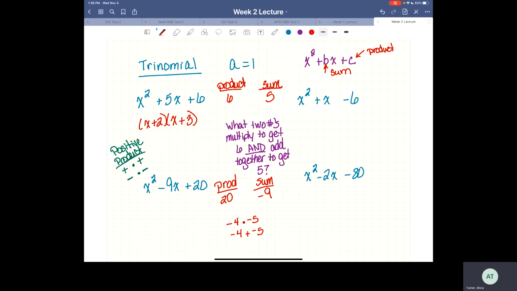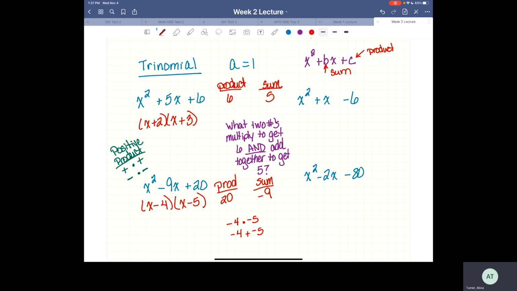So my numbers for this one are negative 4 and negative 5. Okay, and we are able to go from numbers to writing it in the binomial only because we have a 1 right here. When a is not 1, we have to have a different set of rules, and we'll talk about those in just a second.